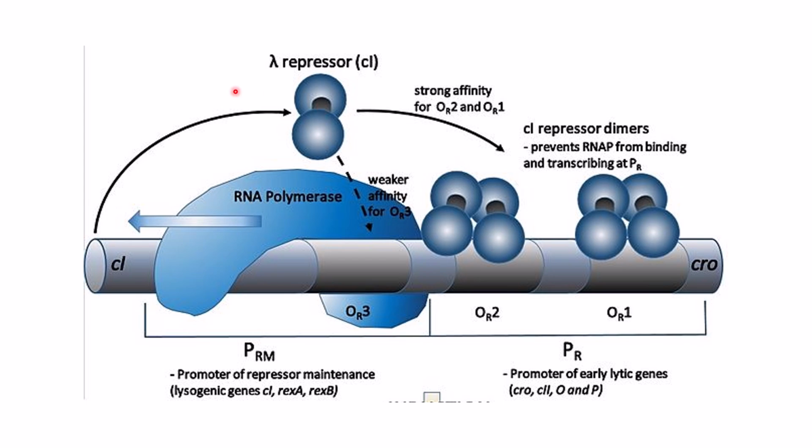So when its concentration increases, there are more CI molecules available to bind to operator 3, and it will bind there, and this will interfere with the binding of the RNA polymerase to the PRM promoter, and thereby it will repress the transcription of CI. So CI has negative feedback regulation of its own expression.